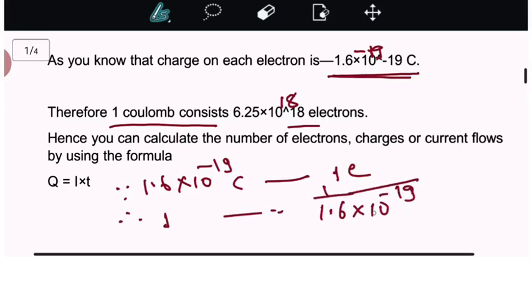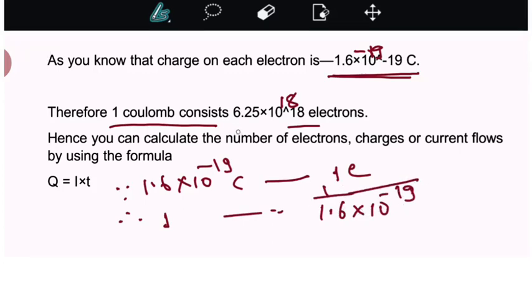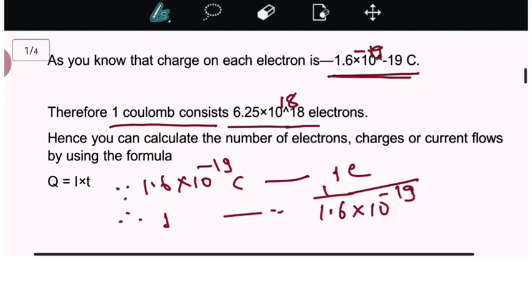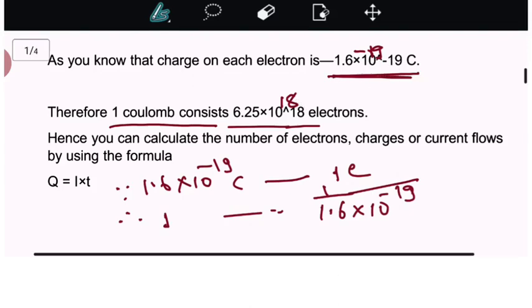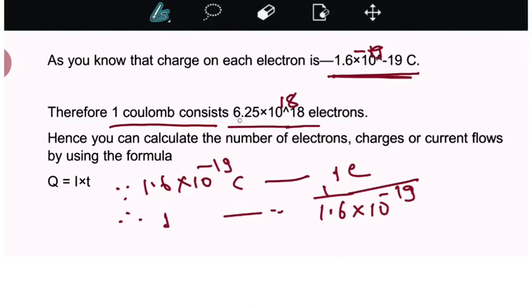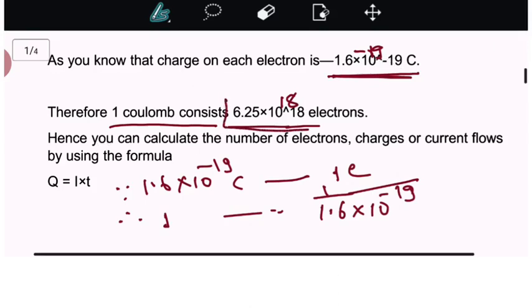If you solve it, it will be equal to 6.25 into 10 to the power 18 electrons. So you have to remember the charge on each electron and how many electrons 1 coulomb consists of.